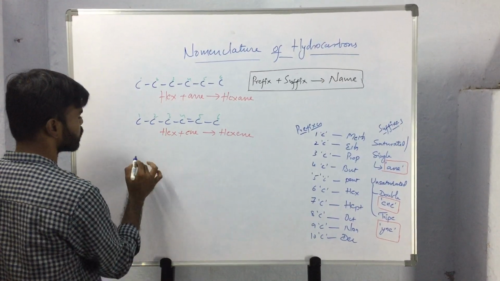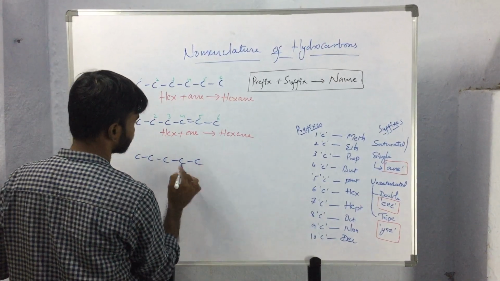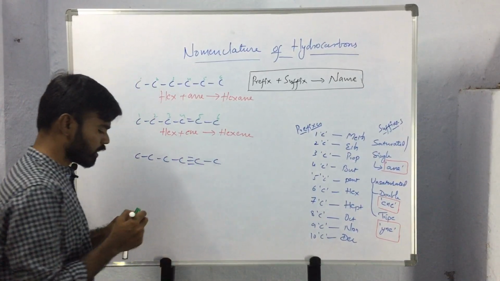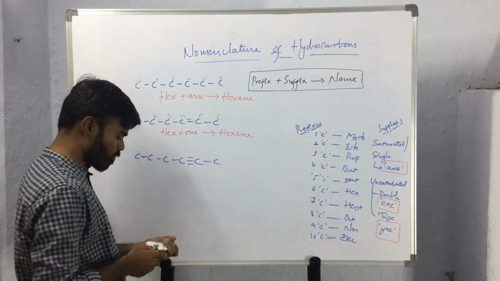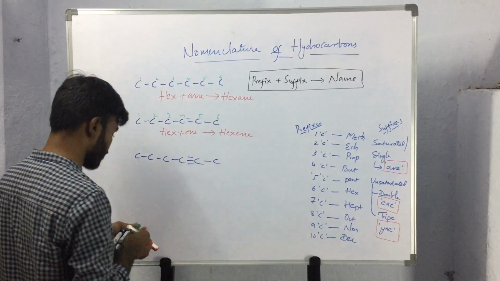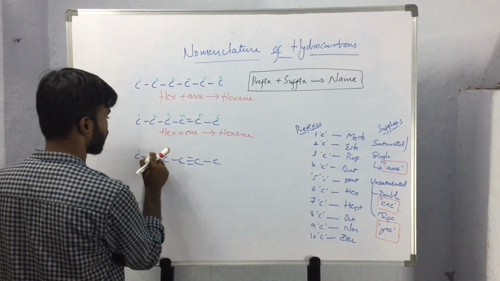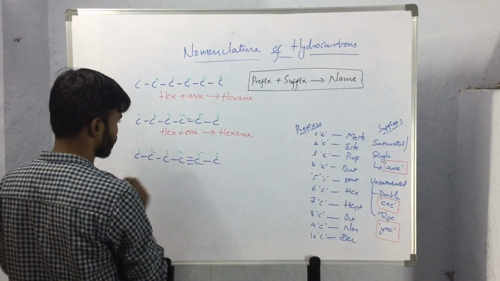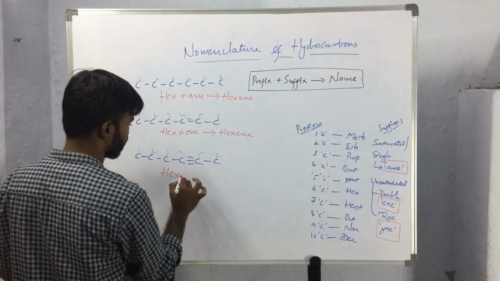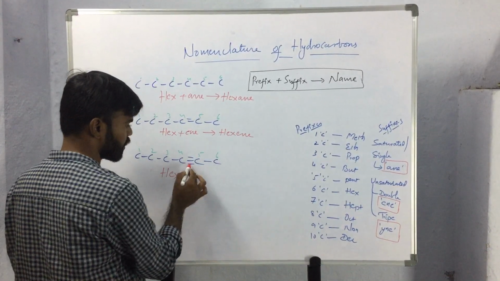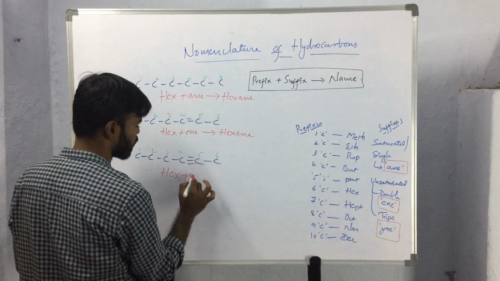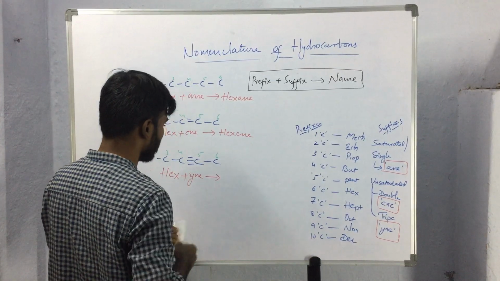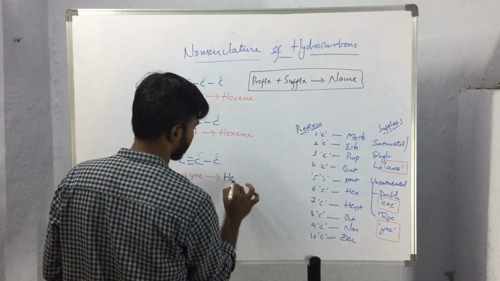Then if we consider this compound, again as it has 6 carbon atoms, the prefix will be hex, and as it has a triple bond, the suffix "yne" will be used, and the name of the compound will be hexyne.